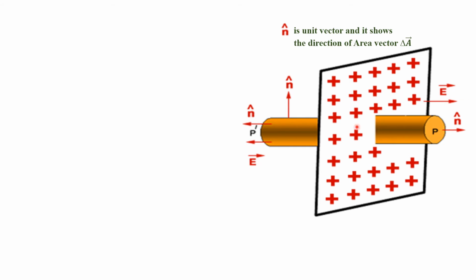So the angle between area vector for this curved surface and E is 90 degree.